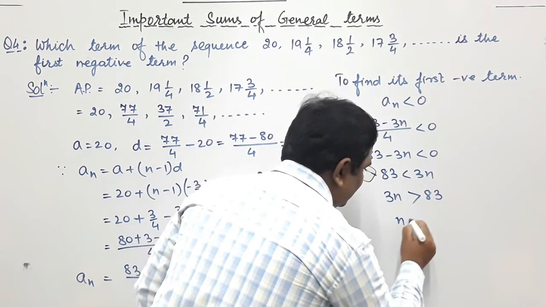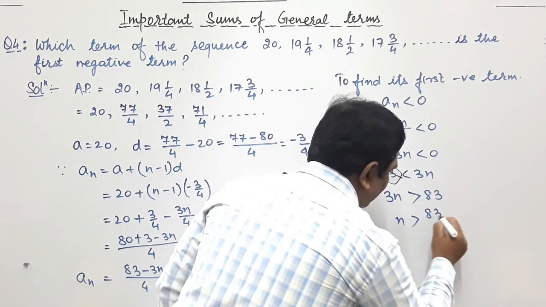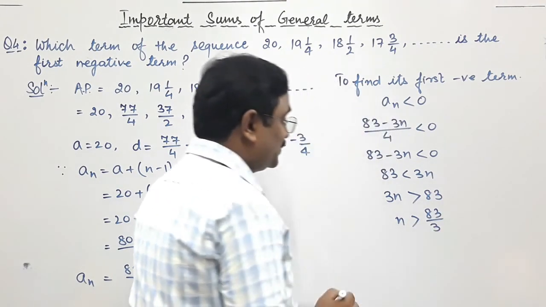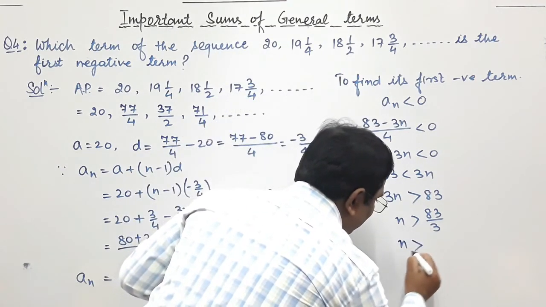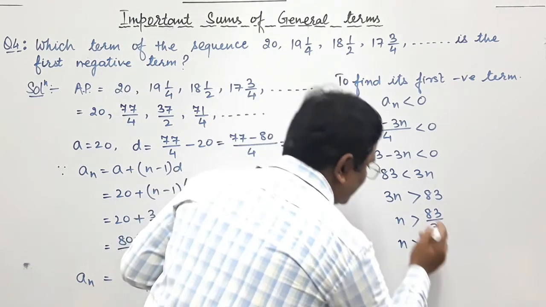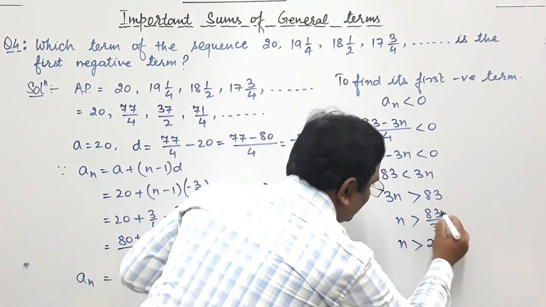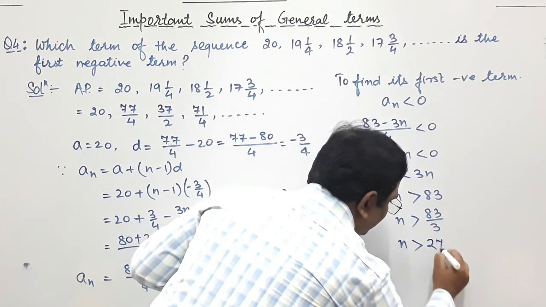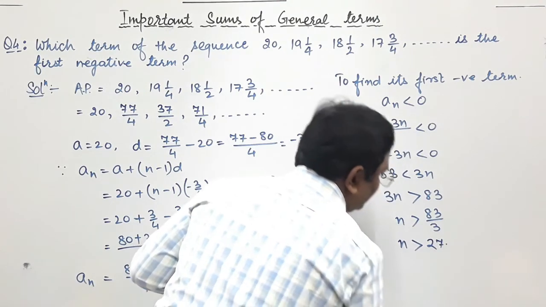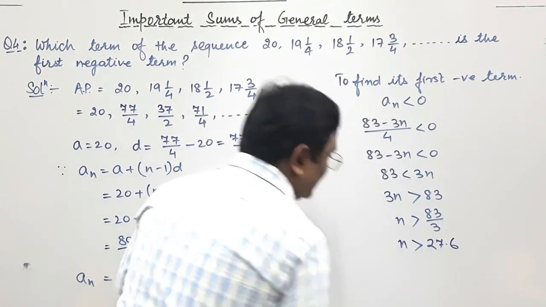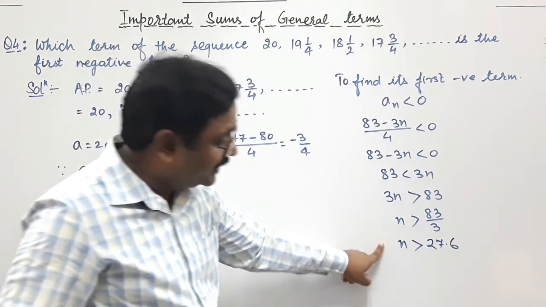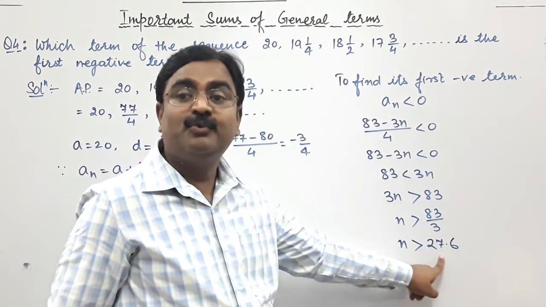So n is greater than 83 upon 3, which when you simplify: 3 2s are 6, 3 7s are 21, 2 is remaining, 3 6s are 18. It means the value of n will be greater than 27.6.